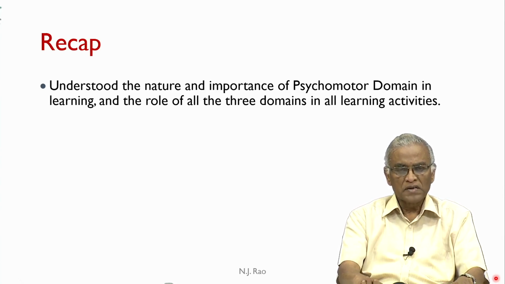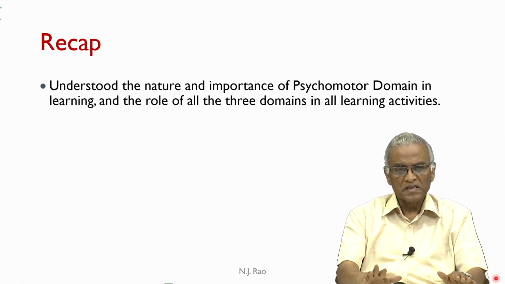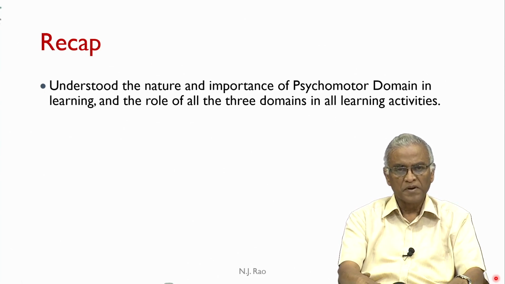And the way we looked at these three domains, as per the Peirce-Gray taxonomy, is that the brain processes in three stages. It receives sensory information, then you process, and then produce some output. So the taxonomy that was proposed recognizes these three elements of processing by the brain, and all the three domains are correspondingly looked at.